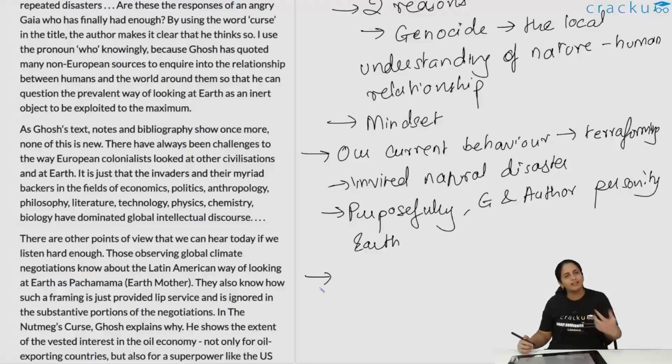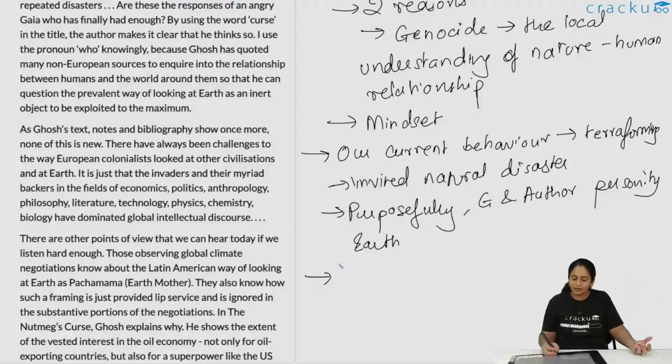But why did it never catch on? Why did other people never look at it this way? Why was it not the predominant idea? It was not the predominant idea because the Europeans dominated every sphere, from economics, politics, anthropology, biology, chemistry, and their ideas came to dominate the global intellectual discourse, and they never viewed Earth as a person.